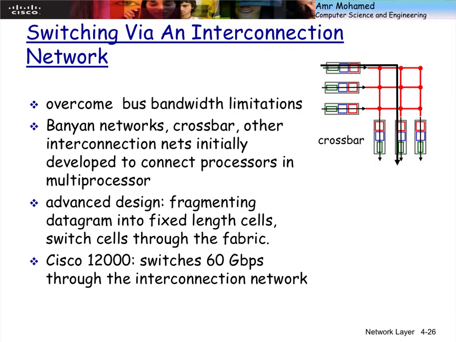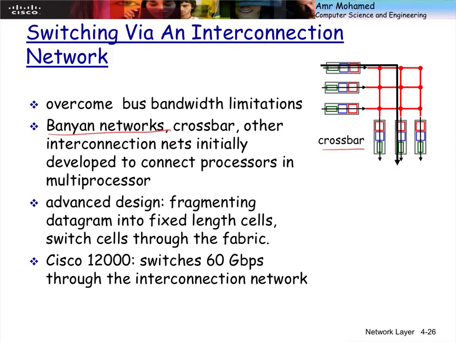So in order to get rid of the limitation that the routing processor gives only one input port access to the bus, there is another architecture which is what we call banyan networks or crossbar. In the crossbar, we have a grid of buses which are interconnected.